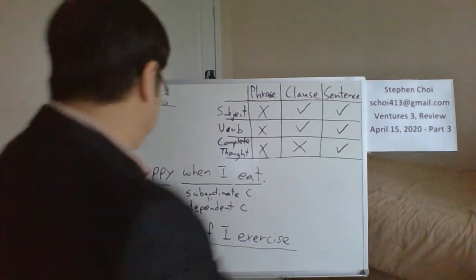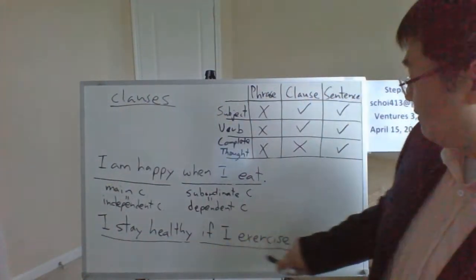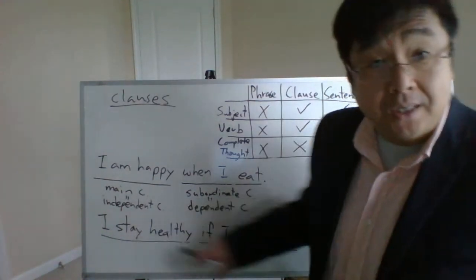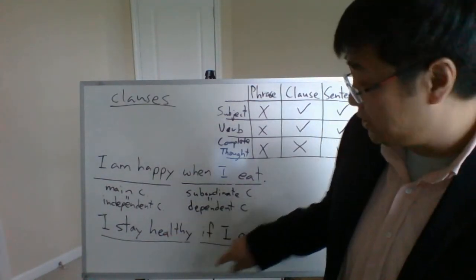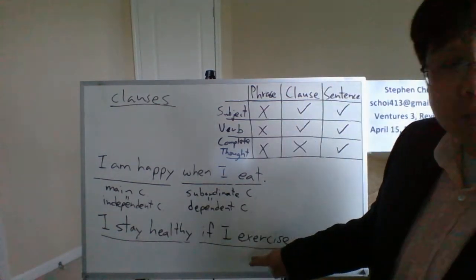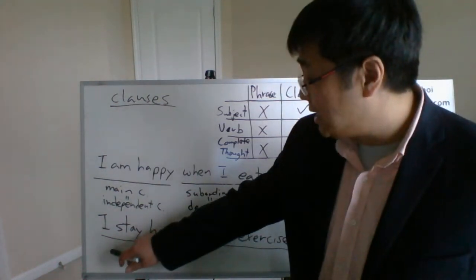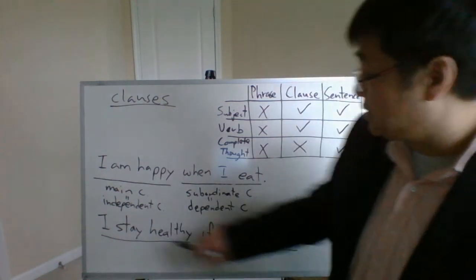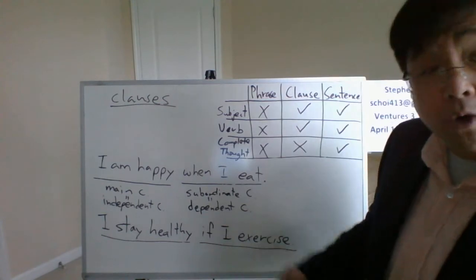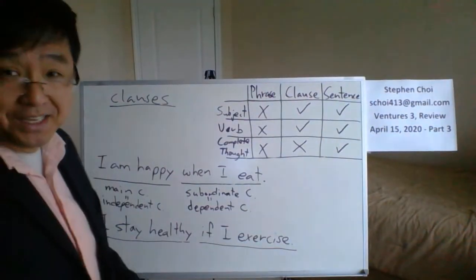Okay? So, once again, I stay healthy if I exercise. It's one sentence with two clauses. The first clause is the main clause, and the second clause is the dependent clause. Okay? Or we'll call that independent clause, dependent clause, main clause, or subordinate clause. Okay? Easy? Does it make sense?